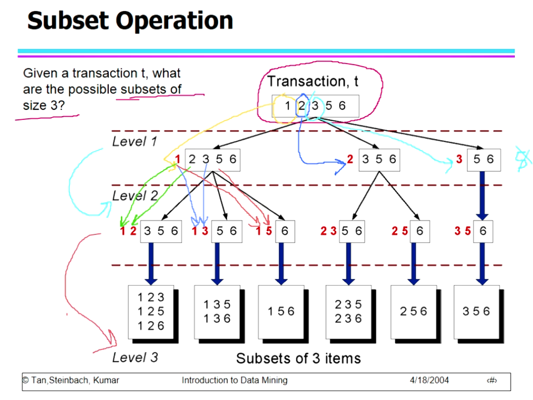Okay. After that, from level 2, we will get to level 3 to obtain subsets of 3 items. So the first one gives us 1, 2, 3, 1, 2, 5, 1, 2, 6. It is clear?